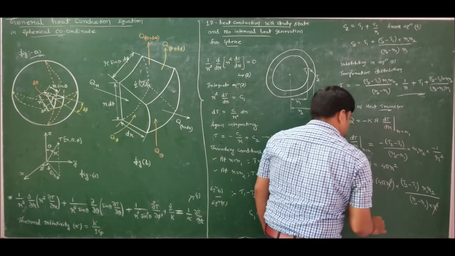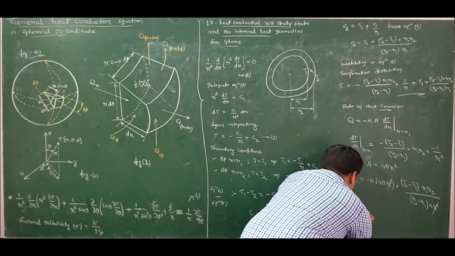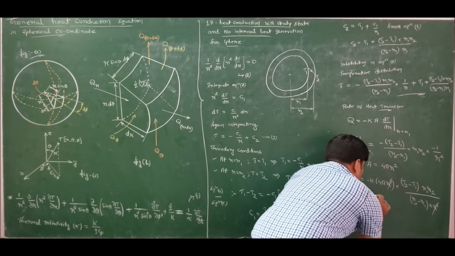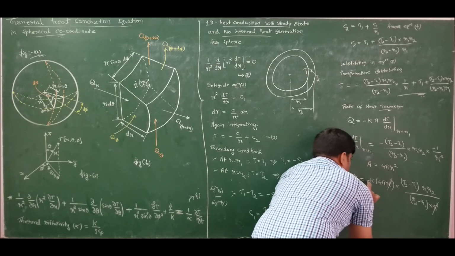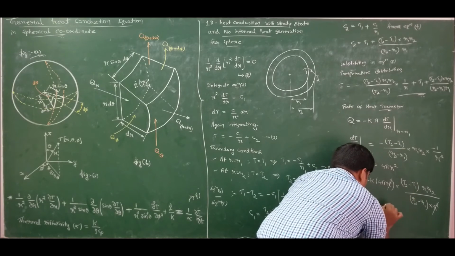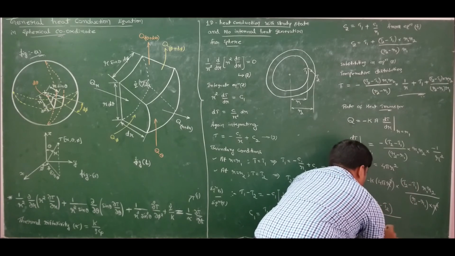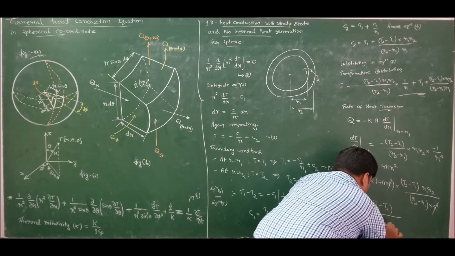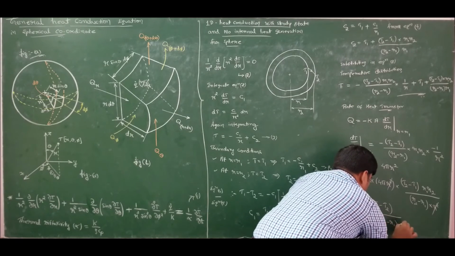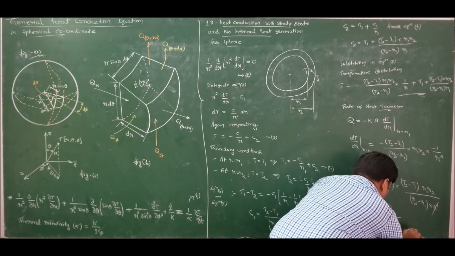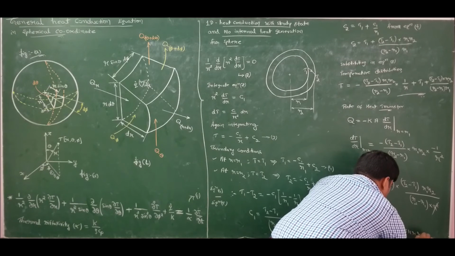Cancelling R square and R square, and rearranging the terms, multiplying this negative sign inside, it will become T1 minus T2. So the final expression for rate of heat transfer is T1 minus T2 whole divided by R2 minus R1 over 4 pi K R1 R2.